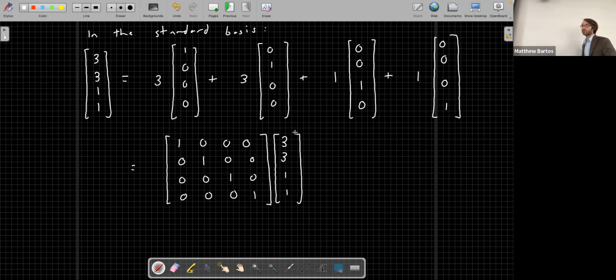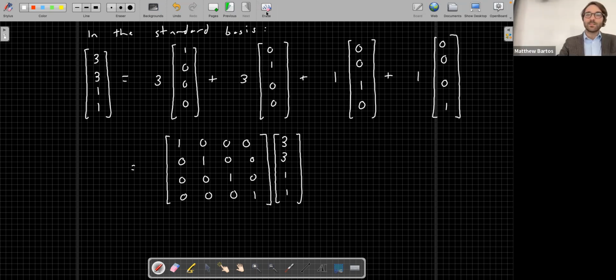Remember that this follows from the second definition I gave you for matrix vector multiplication: this matrix vector product is equal to the first column of A times the first element of the vector, plus the second column of A times the second element of the vector, and so on. When we're talking about any vector, we have to be careful that we're talking about that vector in some basis. By default, that will be the standard basis.